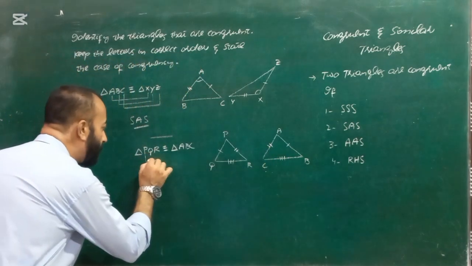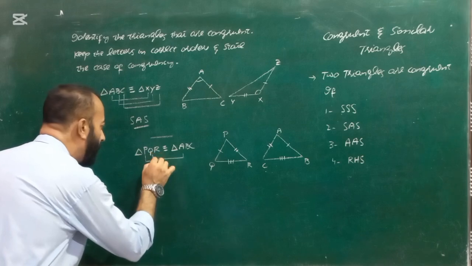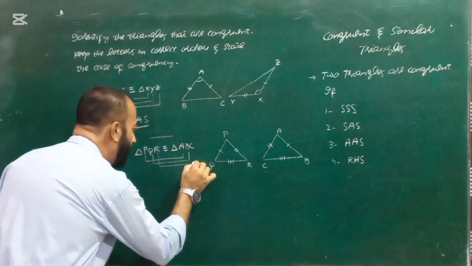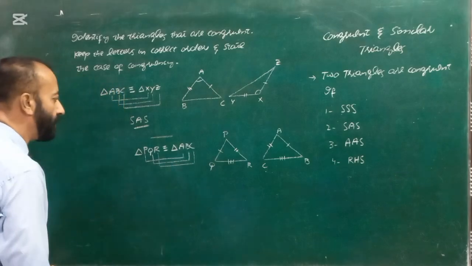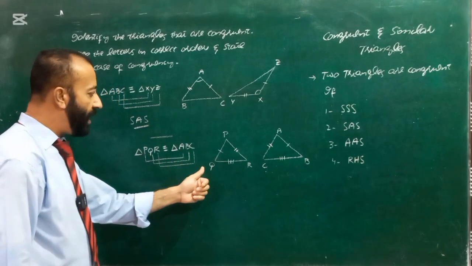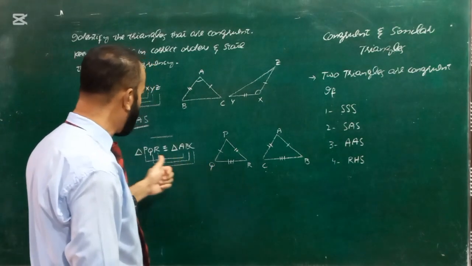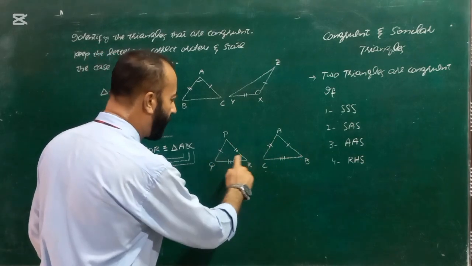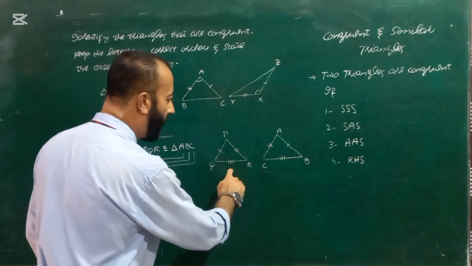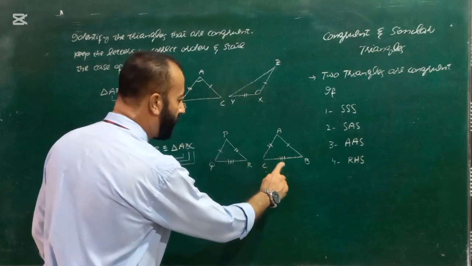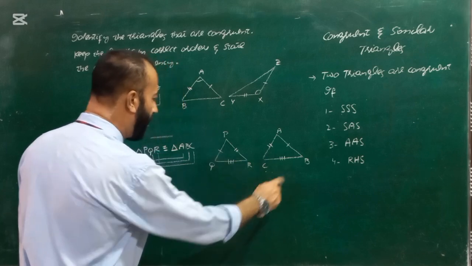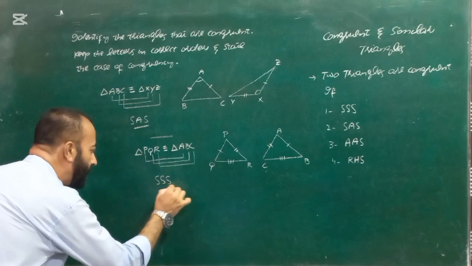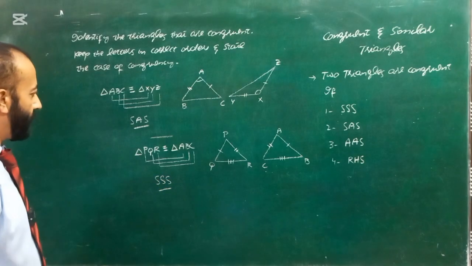So P corresponds to A, Q corresponds to B, and R corresponds to C. And the property which applies here for congruent triangles is side, side, side, because all three sides of one triangle are the same as the three sides of the other triangle. So the side, side, side property is applied.